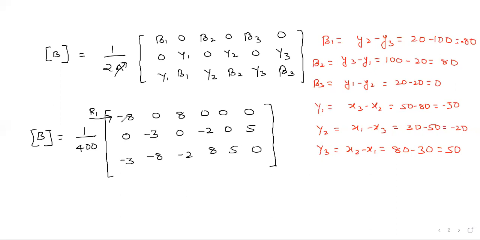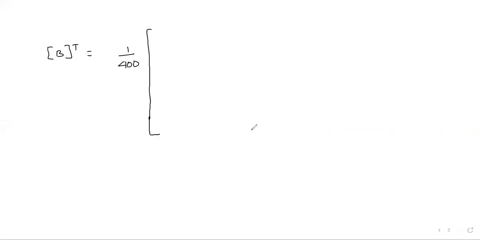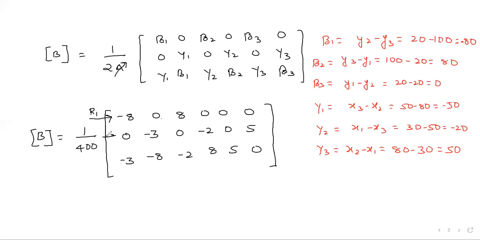Here the elements are minus 8, 0, 8, 0, 0, 0. So we write it as the first column: minus 8, 0, 8, 0, 0, 0. Next row R2 is 0, minus 3, 0, minus 2, 0, 5, so make it the second column.